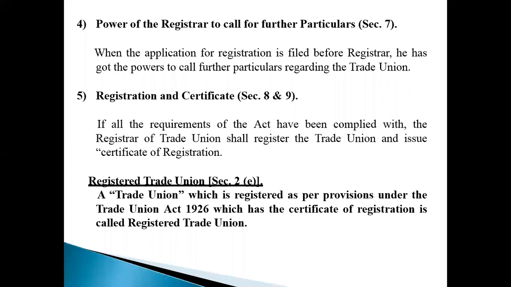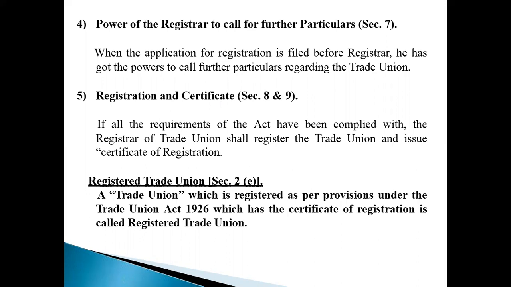So that is the right given to the registrar under this act, under section 7. Then registration and certificate. Under sections 8 and 9, if all the requirements of the act have been complied with, the registrar of trade unions shall register the trade union and issue the certificate of registration.